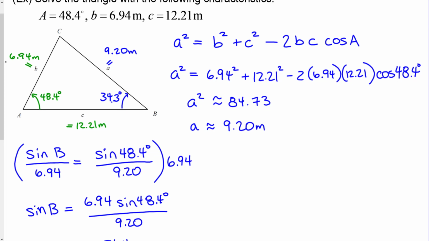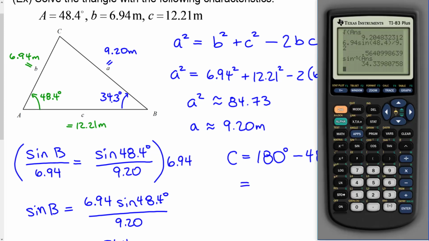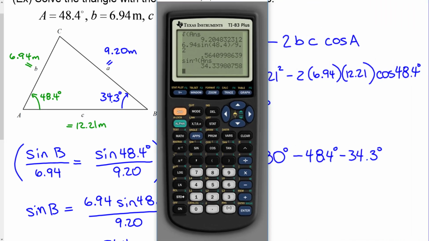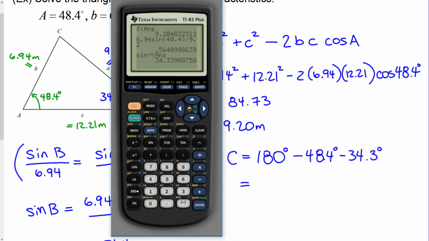triangle, I can actually determine angle C by taking the total of the angle measures, which should be 180 degrees. If I subtract the two known angles now, then that will give me the measure of angle C. So let me move this over just a bit and we'll figure out what that is.